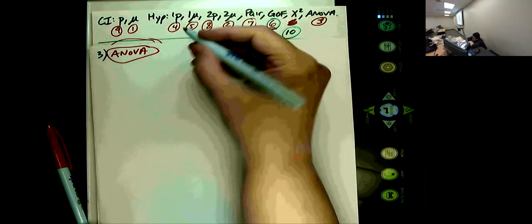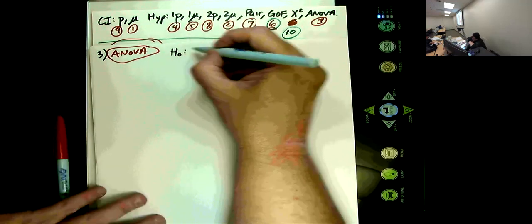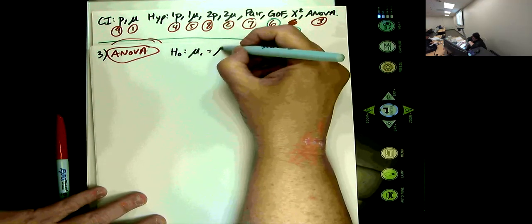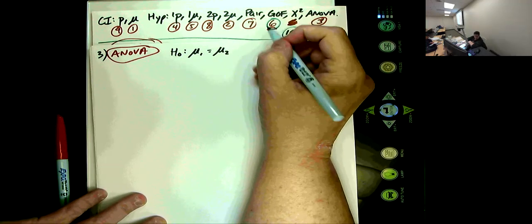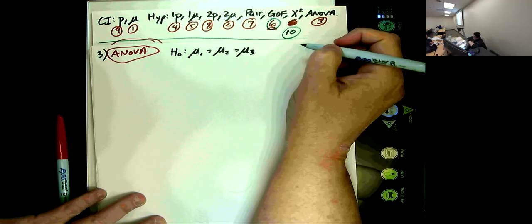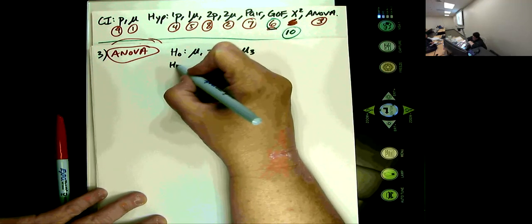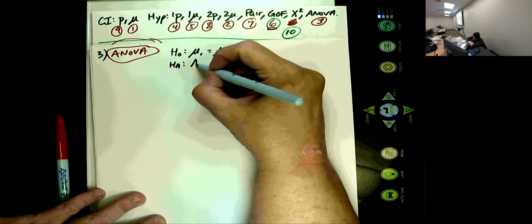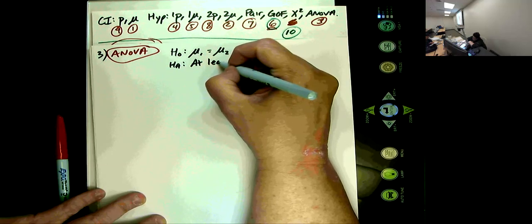Now for ANOVA, we know H naught is that the mu's are equal. And on this problem, it says there are 3 groups. So mu1 equals mu2 equals mu3. HA is at least one is different.